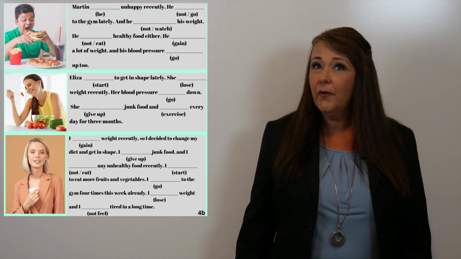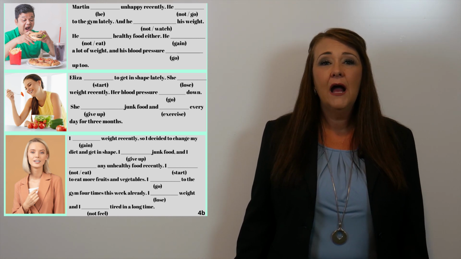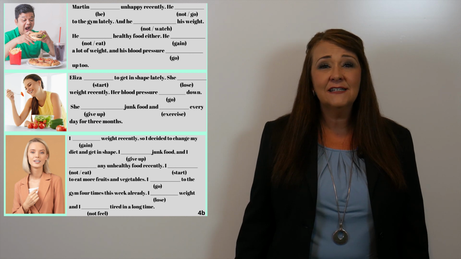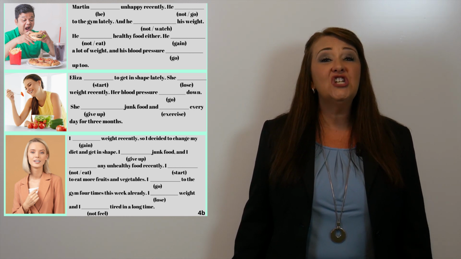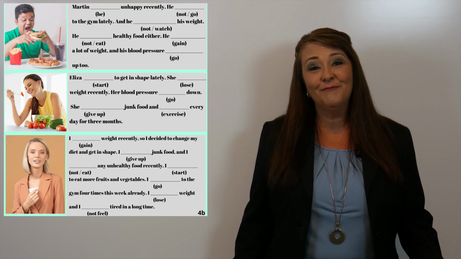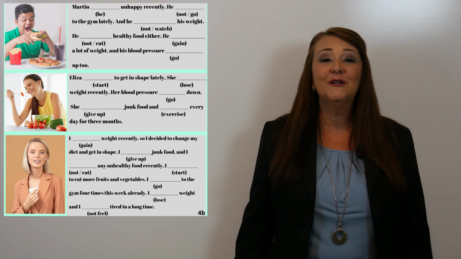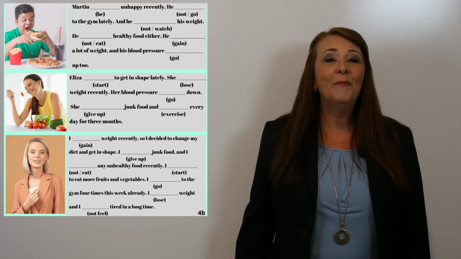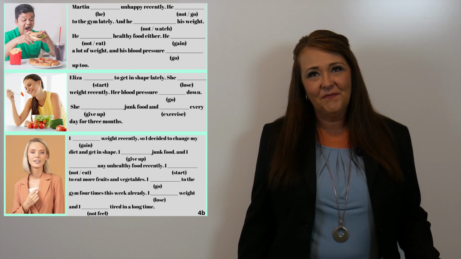For example, if we looked at the first sentence, we wouldn't say Martin has be unhappy. We would change the base verb be into the past participle form, which would be been. Martin has been unhappy.